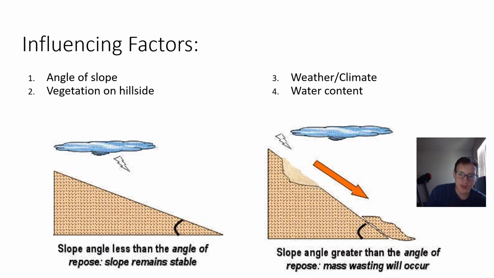There are some different influencing factors depending on what kind of slide you get, or how devastating it is. Number one, the angle of the slope. A steeper angle means it's more likely to happen at that place.